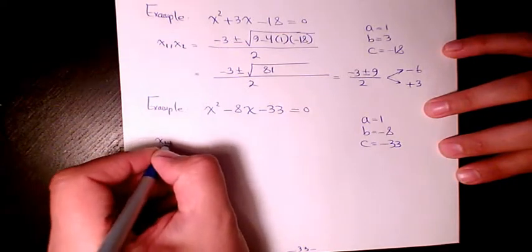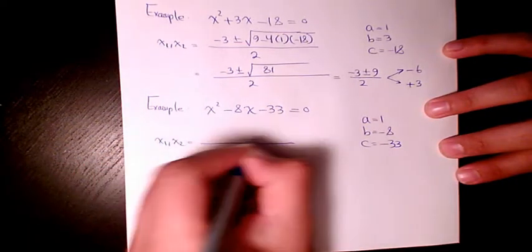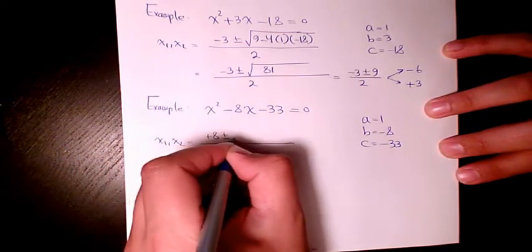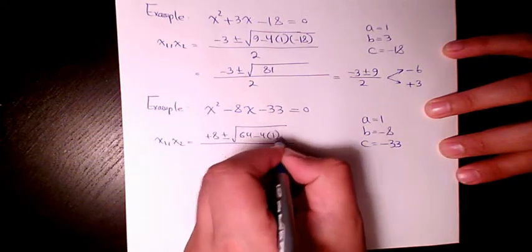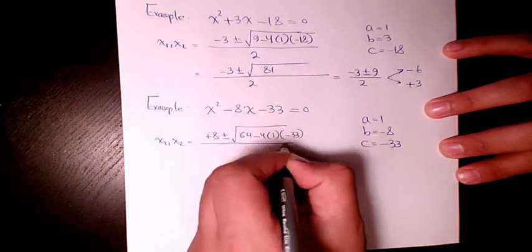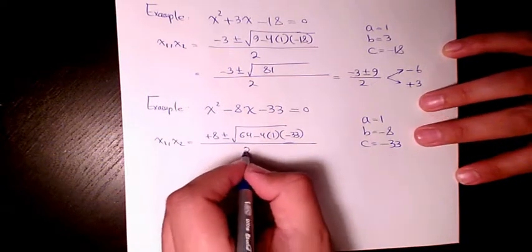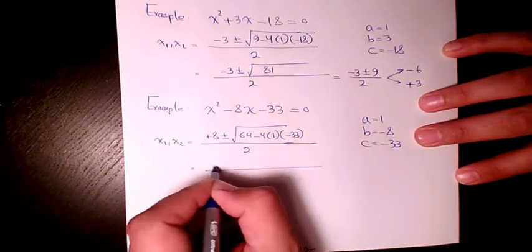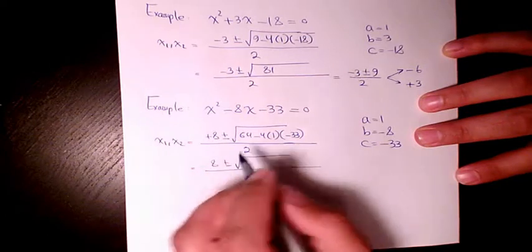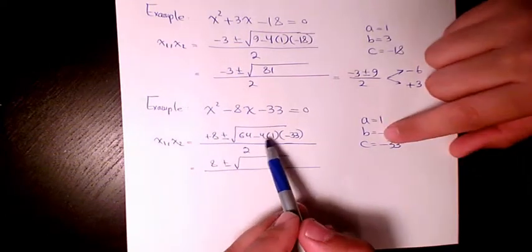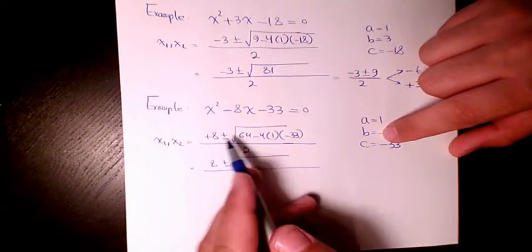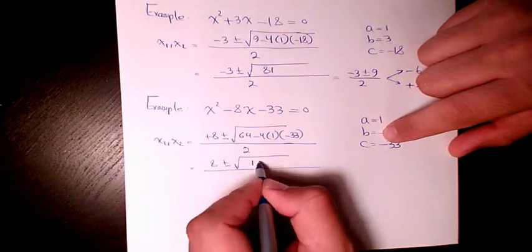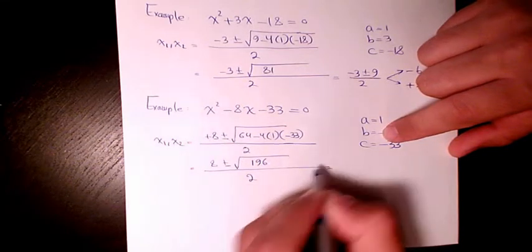So x1 and x2 are negative b, which is positive 8, plus minus square root of b squared, 64, minus 4 times 1 times negative 33, divided by 2 times a, which is 2. 8 plus minus square root of, 33 times 4 will be 132, with 64 is going to be 196, over 2.